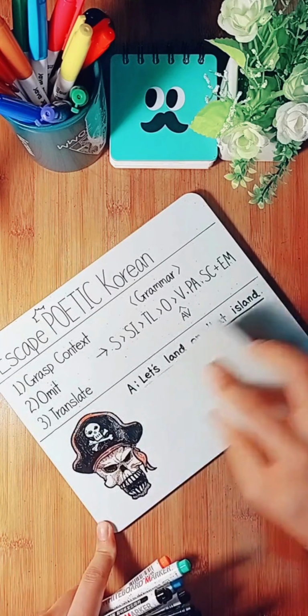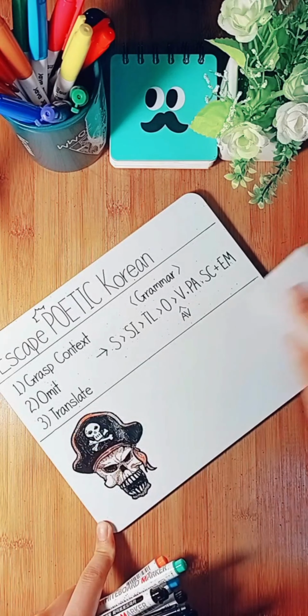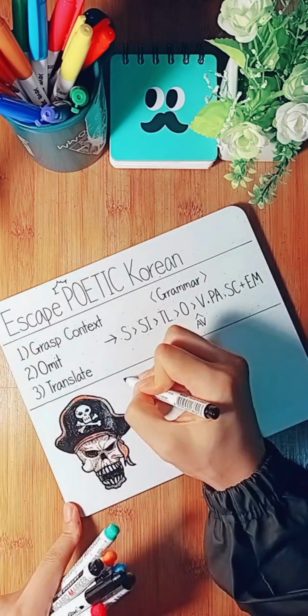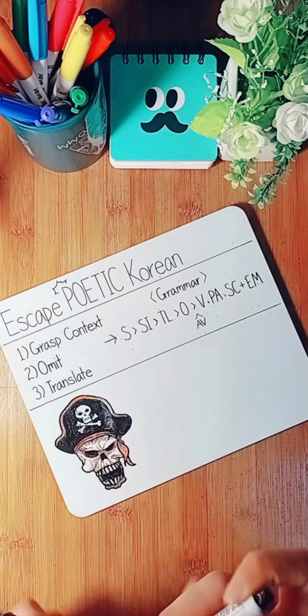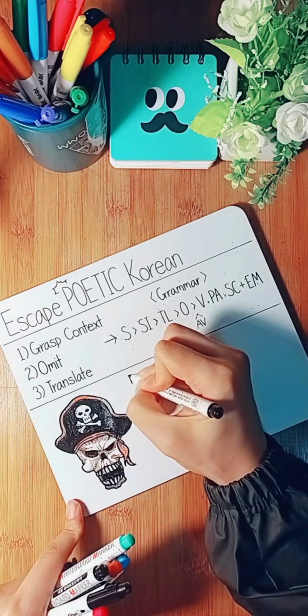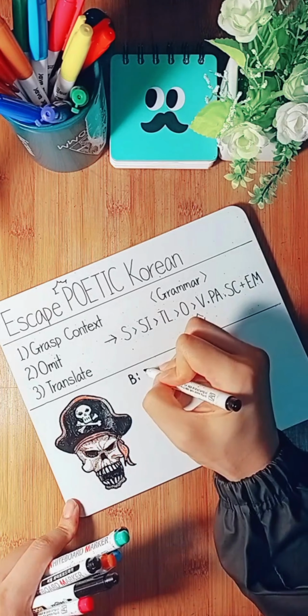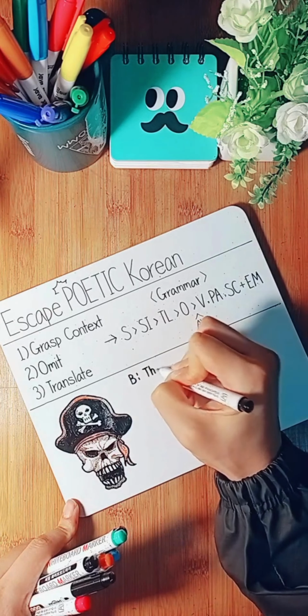Let's move on to the 다음 문장. It's going to be B's 문장 this time. Okay, so let's say B is practically the captain. He makes the decisions. So B is going to say, hey, there is no information.